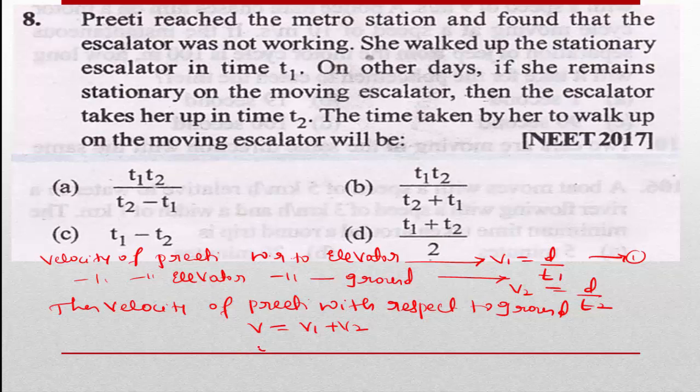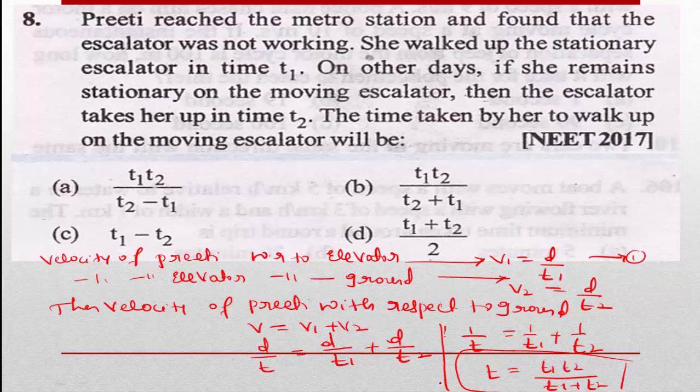But we know the values. P is equal to d divided by T, displacement divided by time. P1 is equal to d divided by T1, P2 is equal to d divided by T2. Therefore, we get 1 divided by T is equal to 1 divided by T1 plus 1 divided by T2, or T is equal to T1 into T2 divided by T1 plus T2.